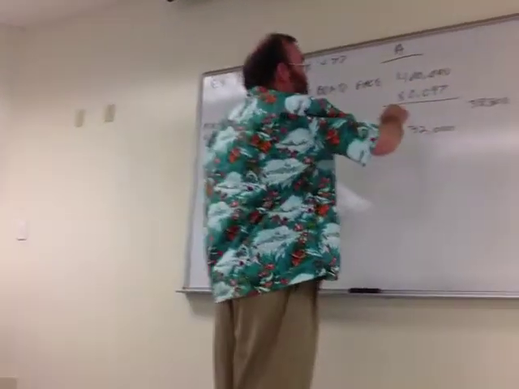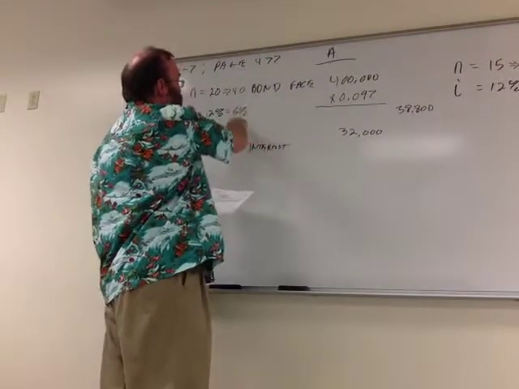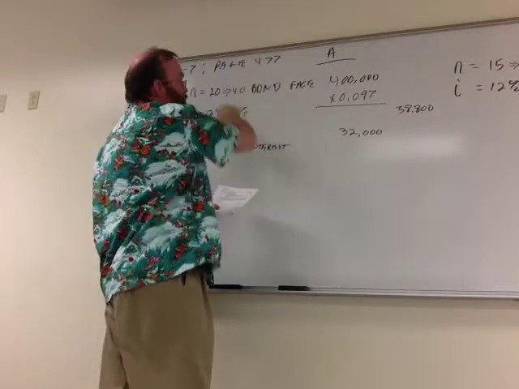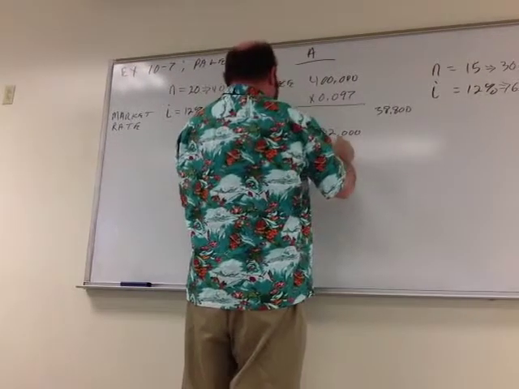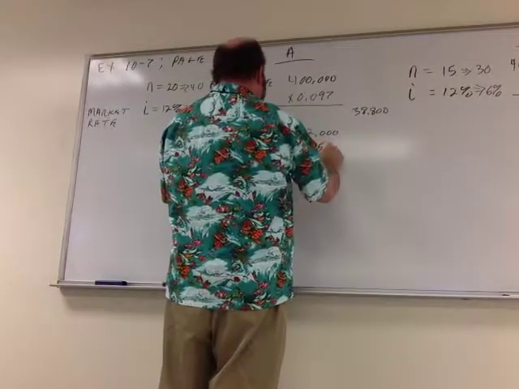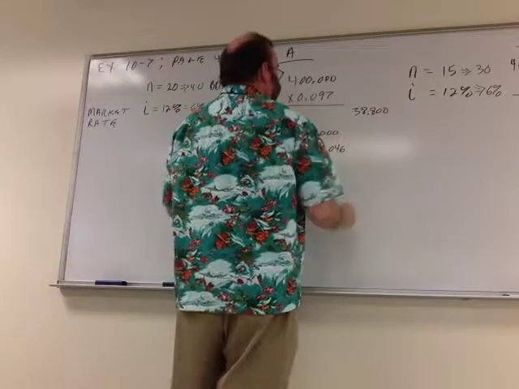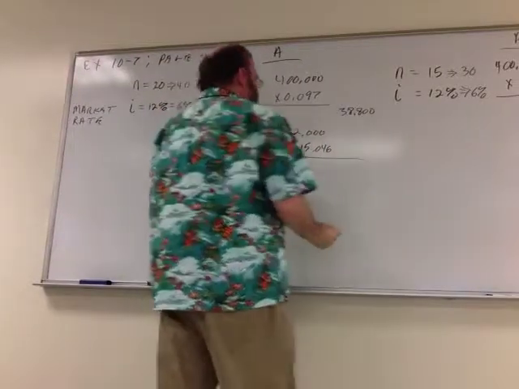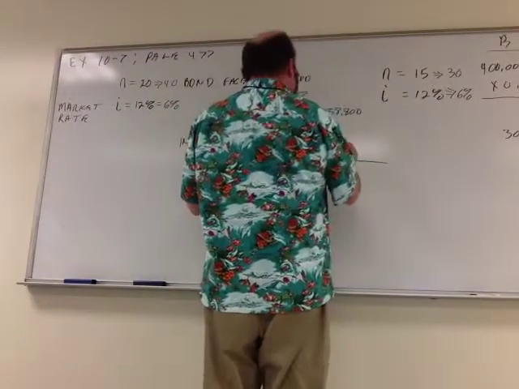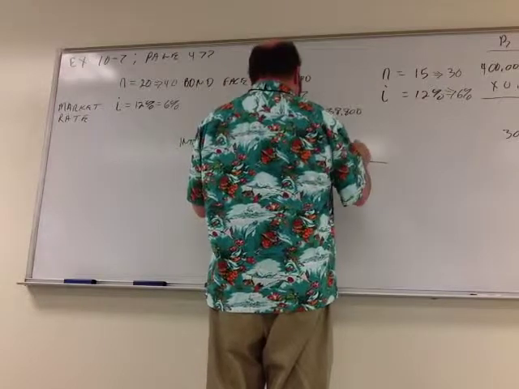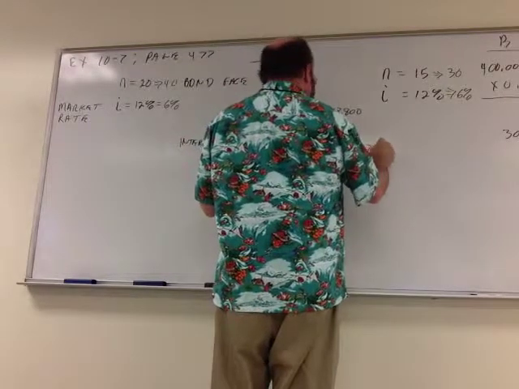But anyway, table 2, the factor under the 6% column down to row 40 is 15.046. That's a total of $481,472.